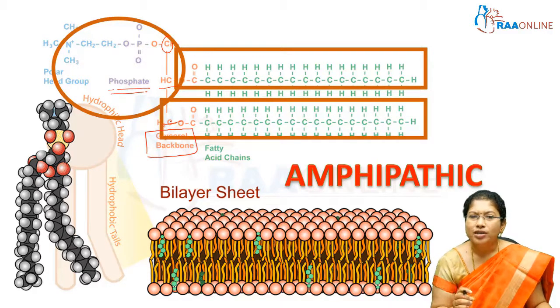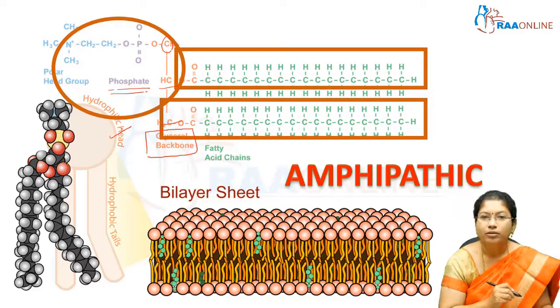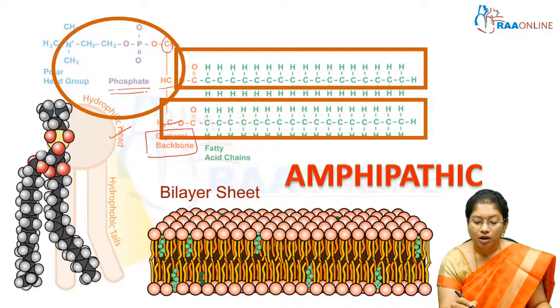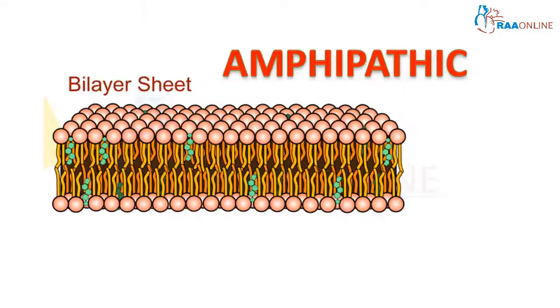So this is the structure of phospholipid in the lipid bilayer. Why should it be called amphipathic? Because this polar head group is the hydrophilic head, whereas this non-polar hydrocarbon chain is hydrophobic. That means it is not soluble in water, it is lipid soluble. So the lipid solubles are present in the core.